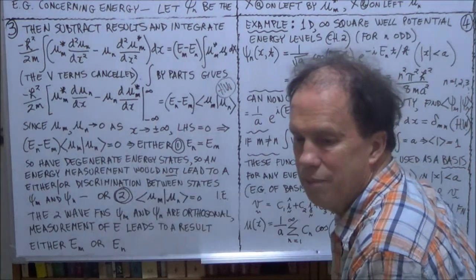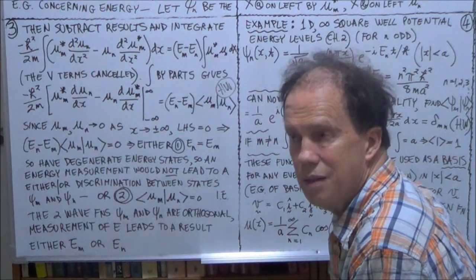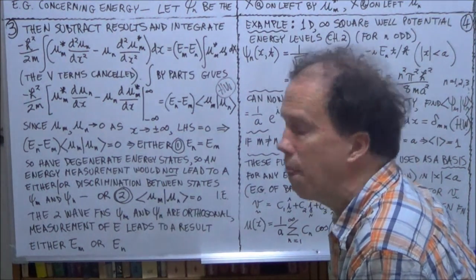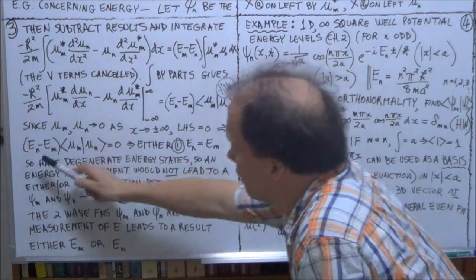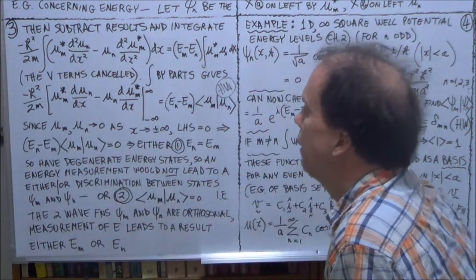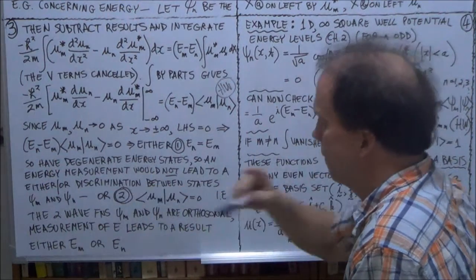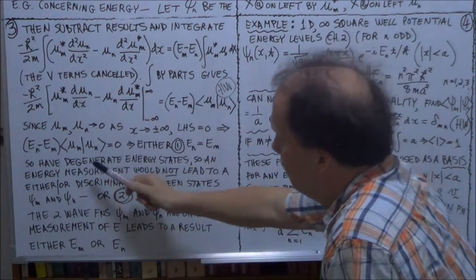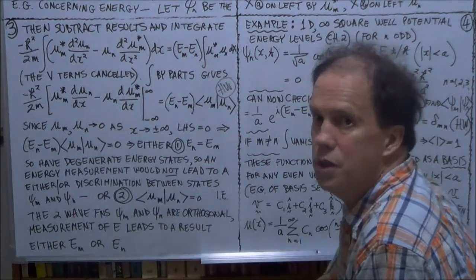We'll probably take it up in more advanced texts in, say, first year masters M1. So either you've got degeneracy, that's one case, or this is zero, which is what we're trying to prove.